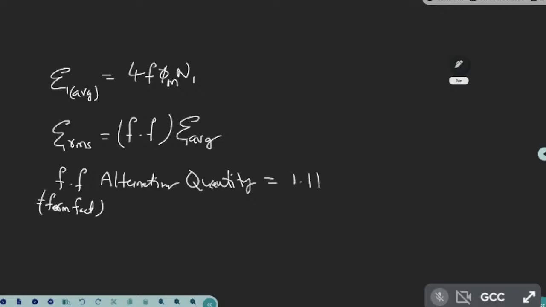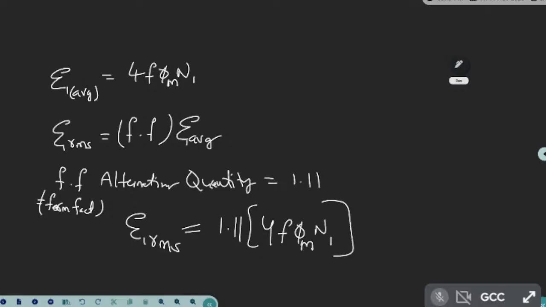So multiply here: E1 RMS is 1.11 into 4 into f into pi m into n1. That is nothing but 4.44 f pi m n1.